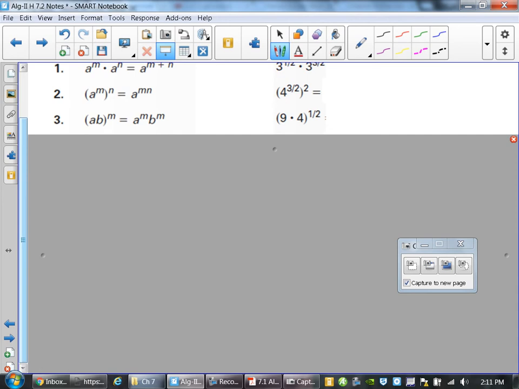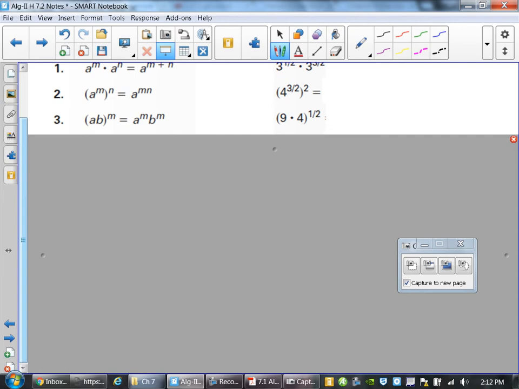When you have stuff within parentheses all raised to the same power, that's kind of the same idea as distributing the power to both terms. It works the same way when you have fractional exponents as well. You can work yourselves inside out if you'd like, because order of operations tells you to take care of the interior first.